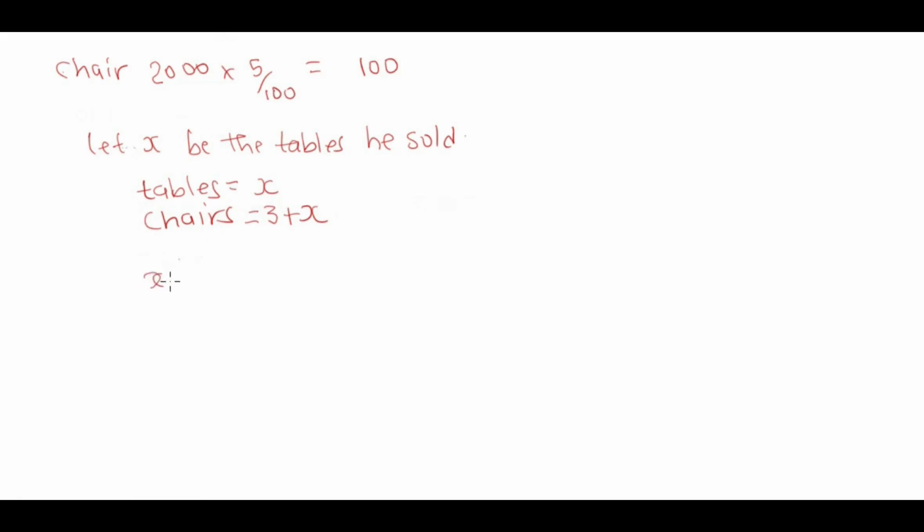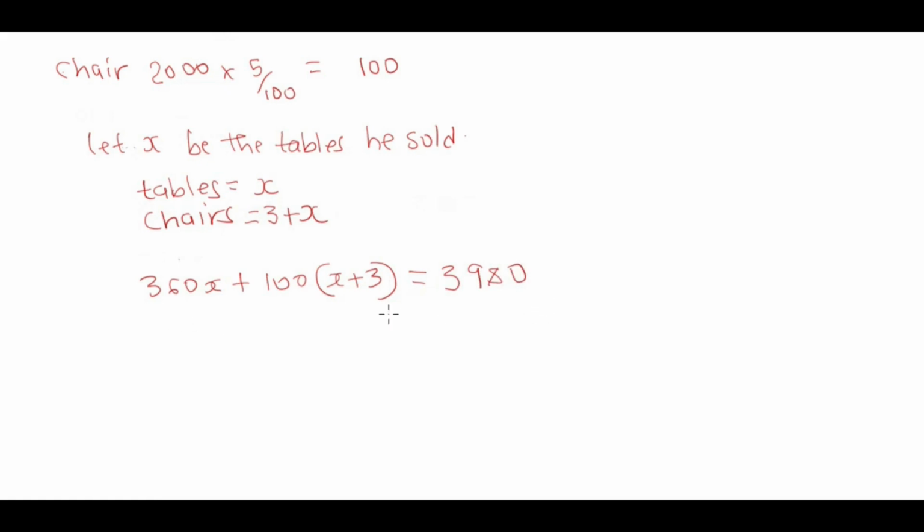What you are going to do is here, get the commission he earned. Commission for the tables is 360, multiply by x to get the total amount of money he earned by the tables, plus 100 commission of the chairs, times x plus 3. This is the total number of chairs he sold, and it is equals to his total earning, which is 3,980.